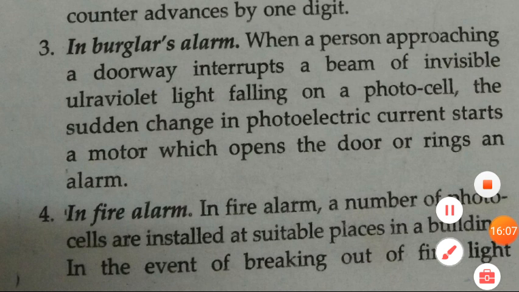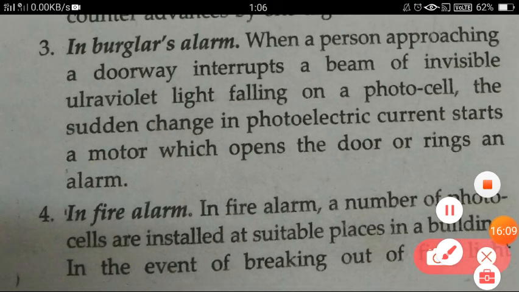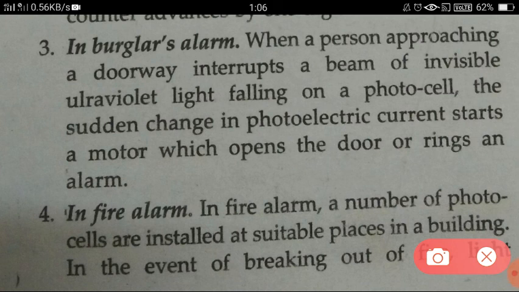Okay, so whatever doors and windows are there in any home from where any thief can enter the house, there at one side we have the photocell, at the other side we have a source of light. From that source the light is continuously falling on the photocell and the photocell is detecting some current.